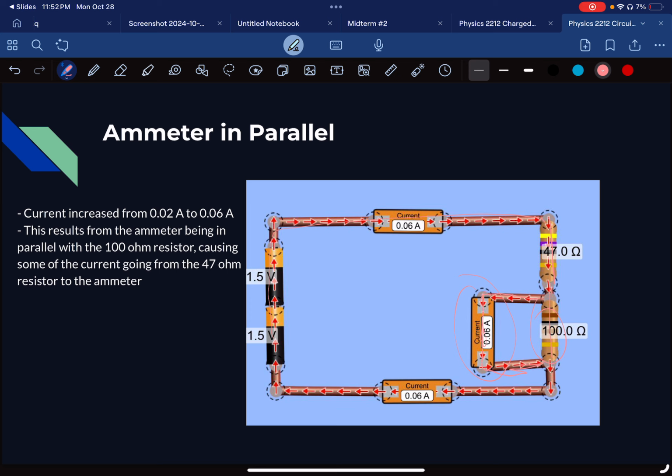And when electric current goes into the resistor, it decreases the current. That is the whole trademark characteristic of resistors. It decreases the current going in, but since some of the current is able to exit and enter the ammeter and conserve the current that went in and out of the ammeter, we have a higher current.